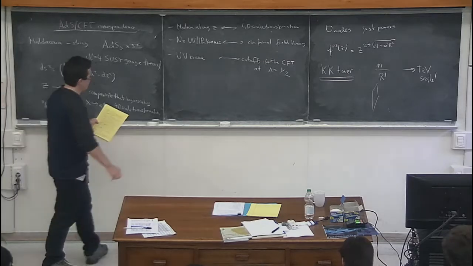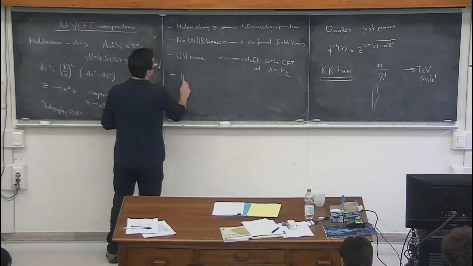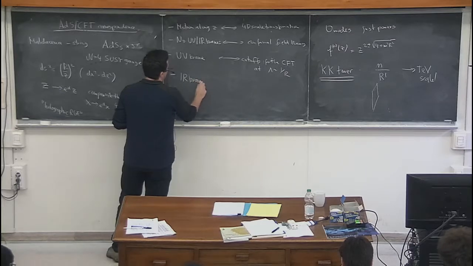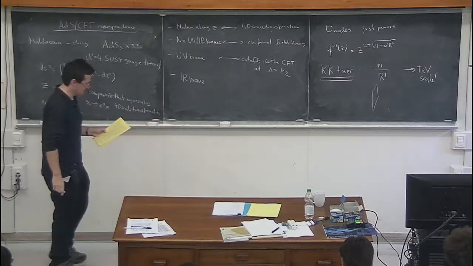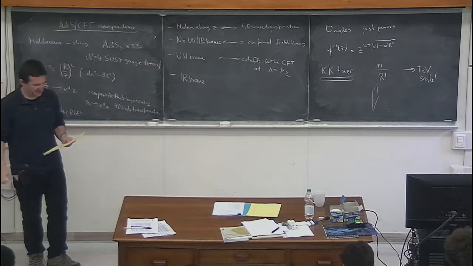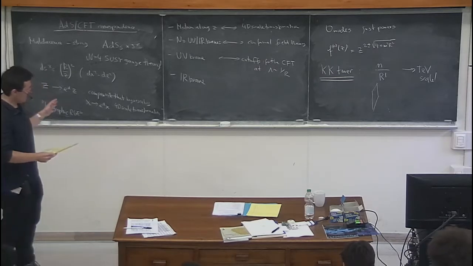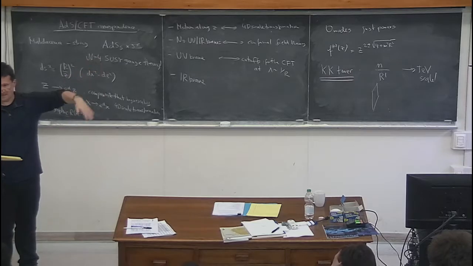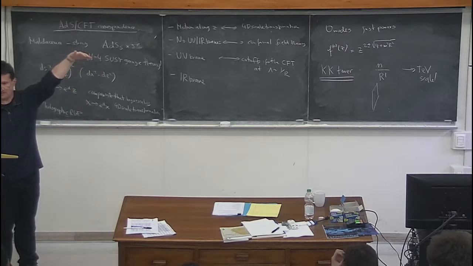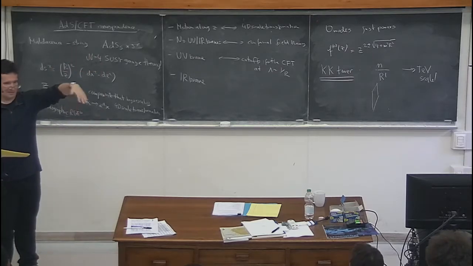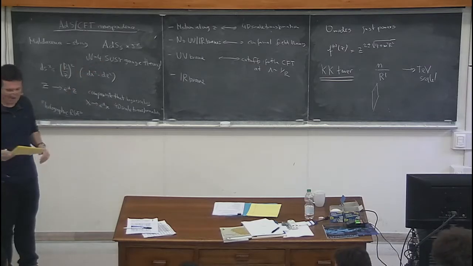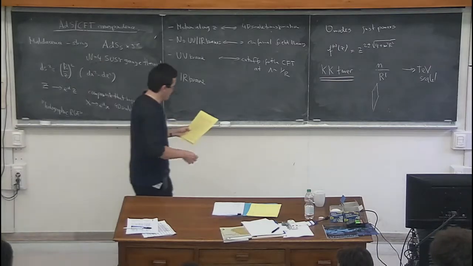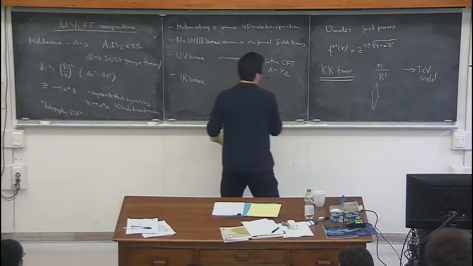Now the other ingredient is the IR brane. That's more complicated, more subtle. Because what we have seen is that if I have an IR brane at a finite distance, I'm going to get a KK tower with spacing given by roughly 1 over R prime masses.